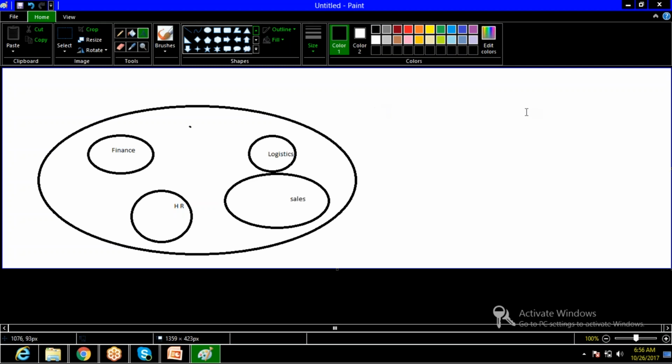It is related to one department in an organization.